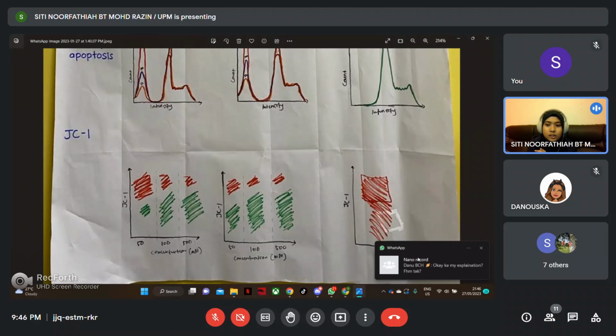However, if JC1 exists in its monomer form and exhibits green fluorescence, it shows that the cell undergoes apoptosis.